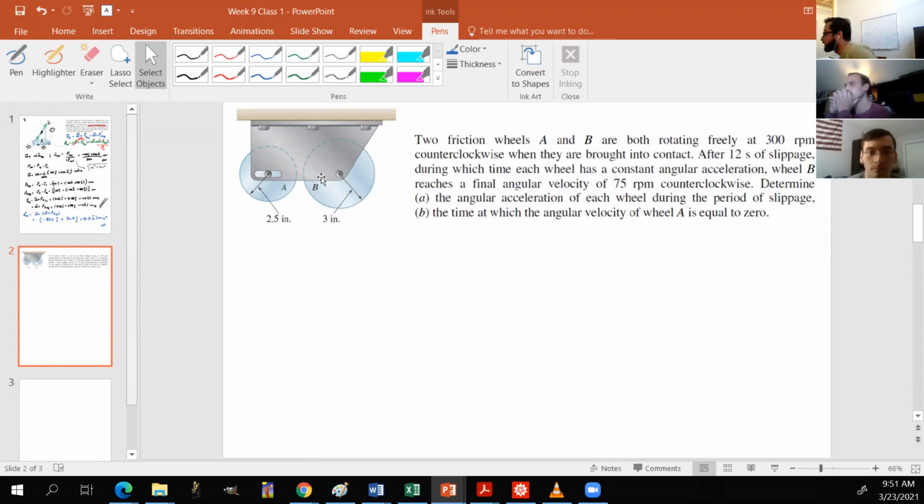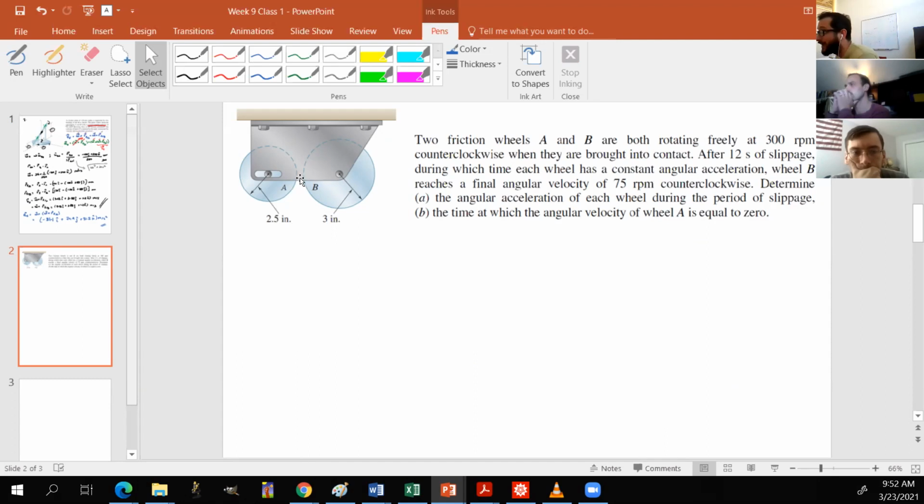But if you notice, when there is no slippage between A and B, what's going to happen to A? Is it going to rotate counterclockwise or clockwise? When there's no slip, think of gears. It's going to rotate clockwise. Why is it going to rotate clockwise?